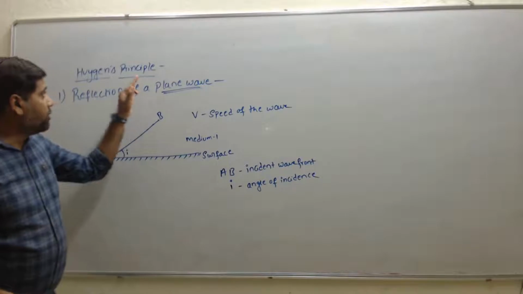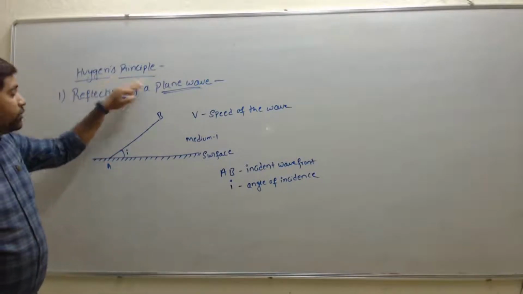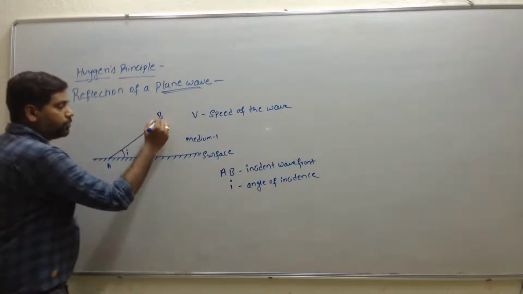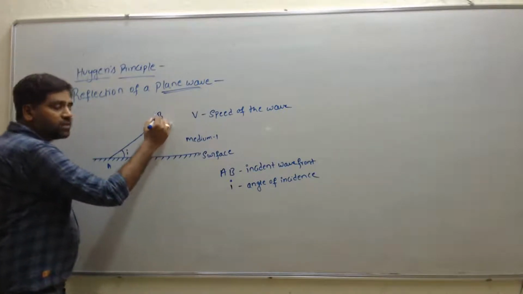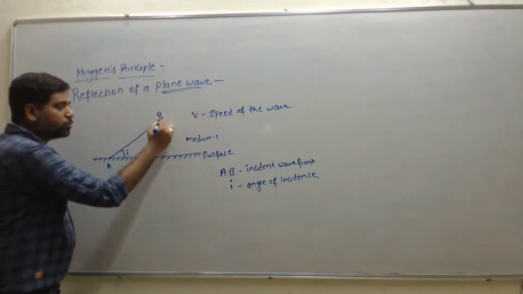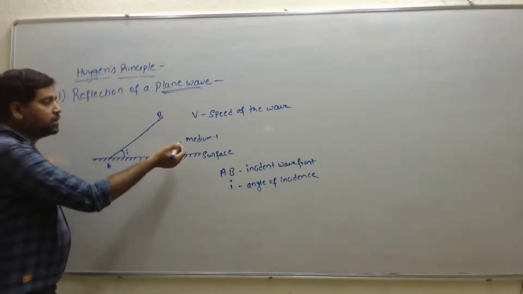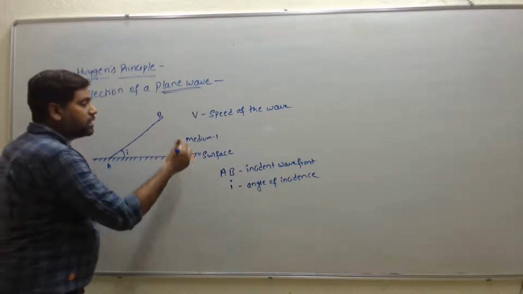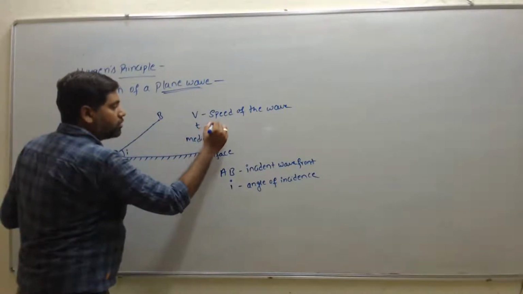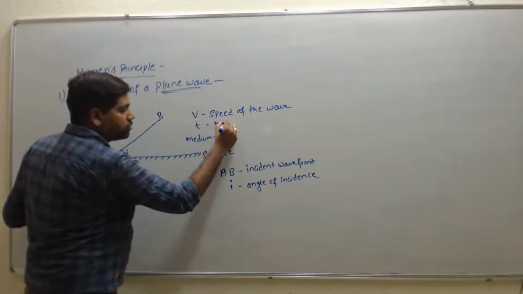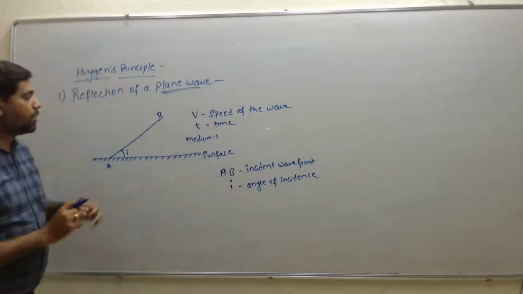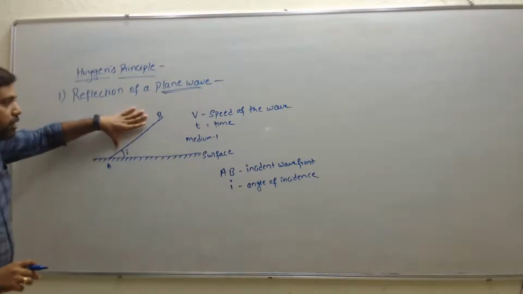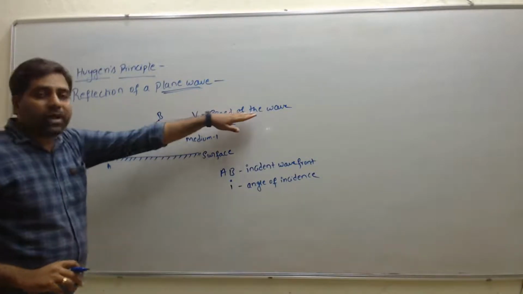In the previous lesson, we studied Huygens principle, where each point acts as a source. That is, the source B travels a distance with time. From here to here it takes a certain time, which I am going to take as t. The B point travels with the velocity v, because the AB wavefront travels with the speed of the wave.